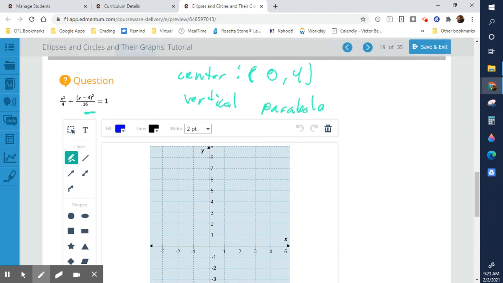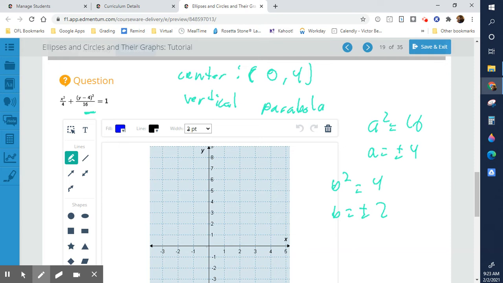And that's because the y has a larger number underneath it. So when I'm graphing this, I'm going to identify a squared to be 16. So a is equal to plus or minus 4. And we say b squared is equal to 4. So my b is equal to plus or minus 2.